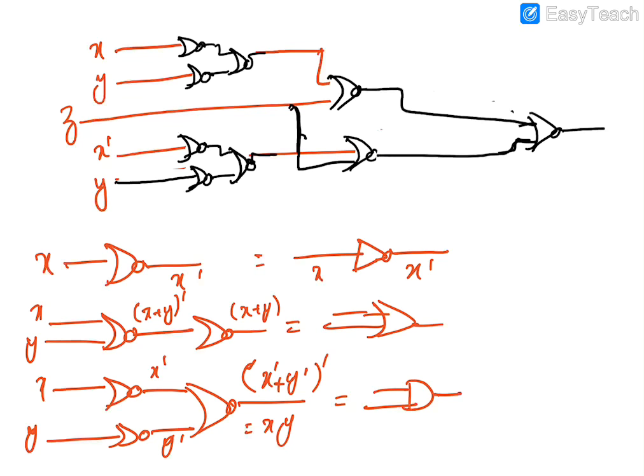Like this, and we have our resultant circuit with the help of only NOR gates.